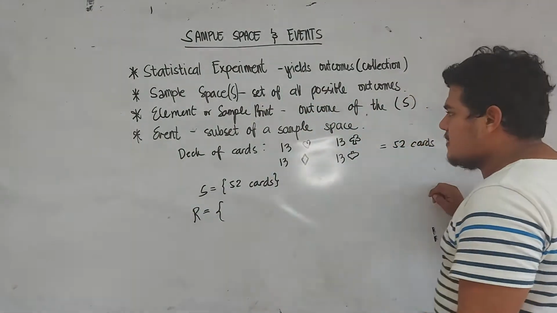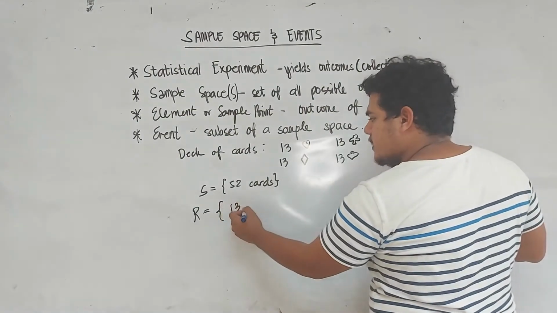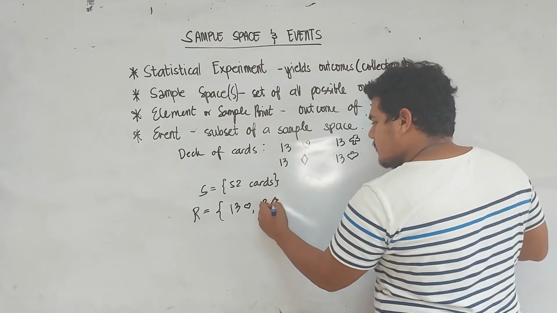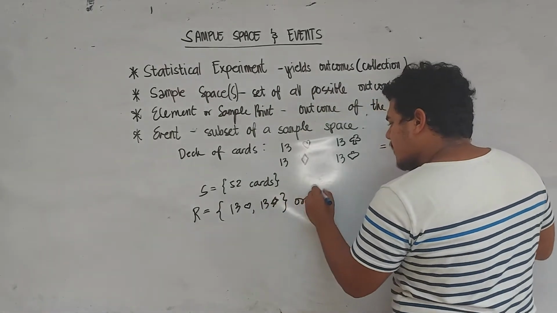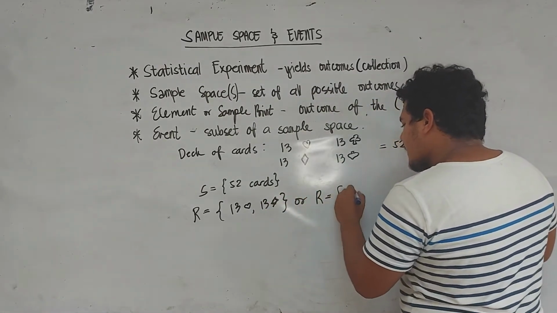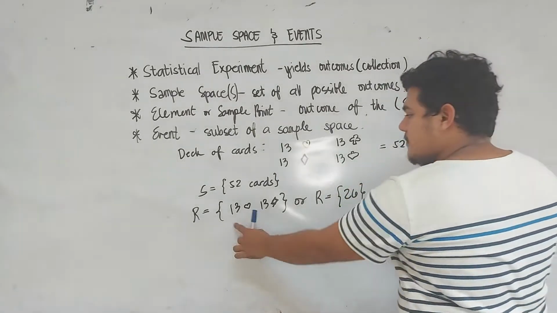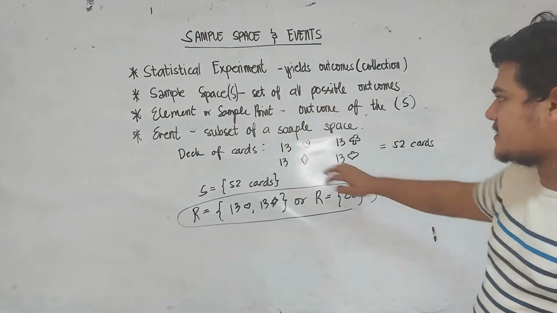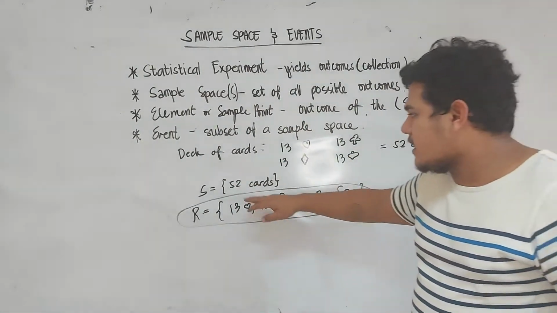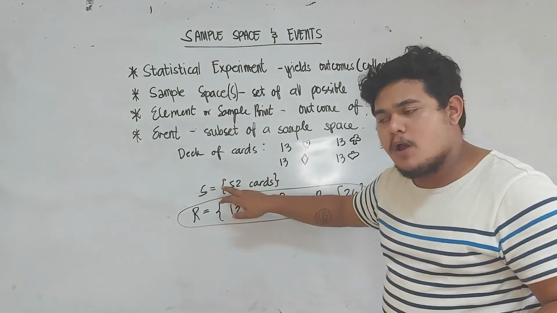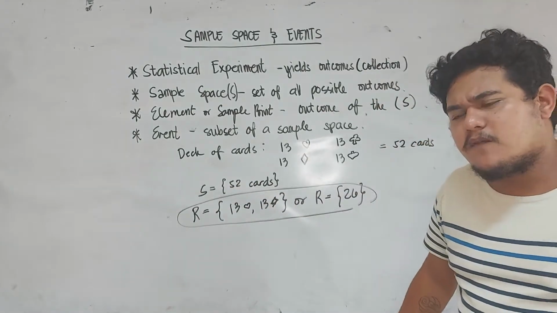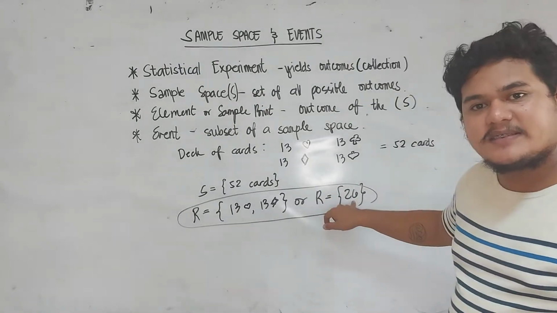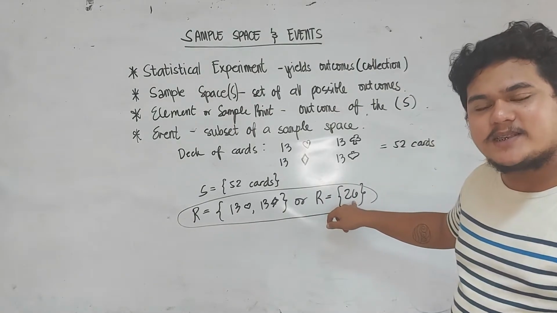We have 13 hearts and 13 diamonds. So the number of red cards equals 26, because 13 plus 13. This is what we call an event, because it is a subset of a sample space. From the big sample space of 52 cards, what is the probability of getting red cards? The answer is 26, because there are 26 red cards.